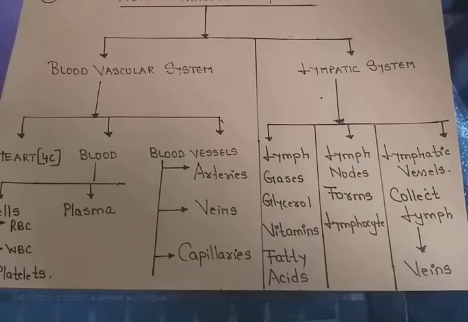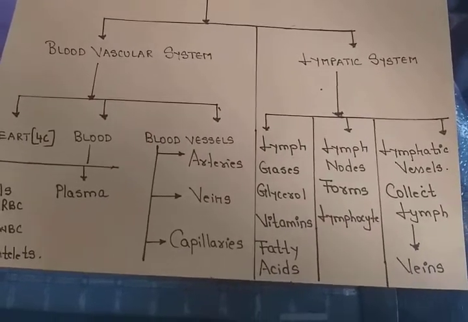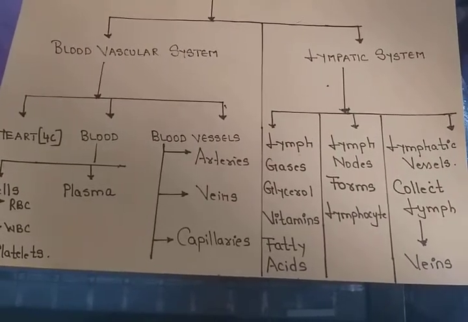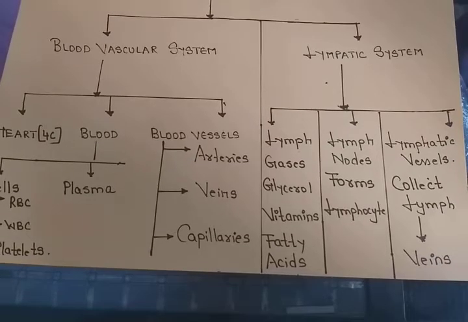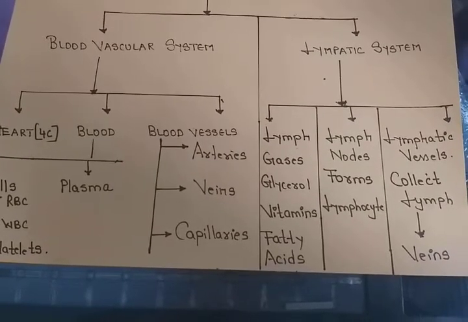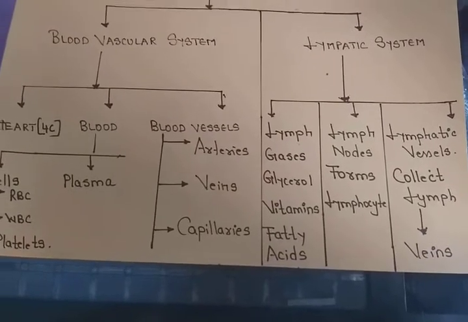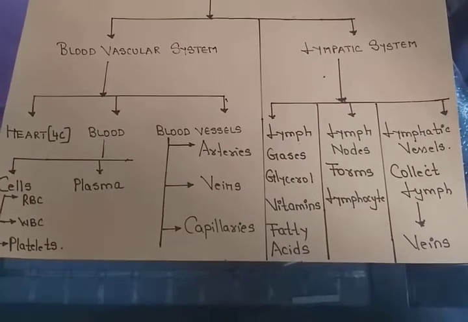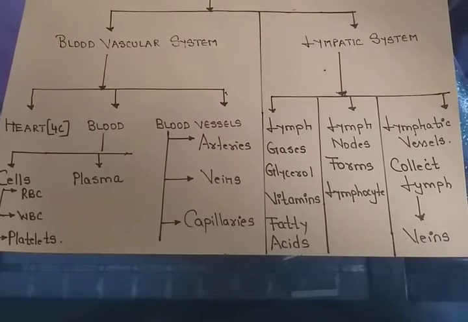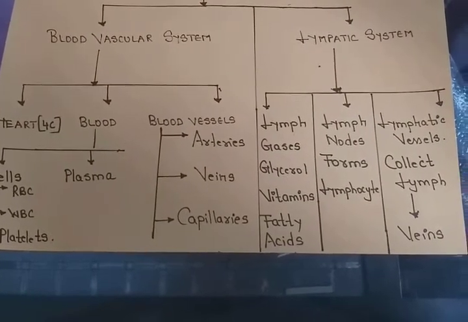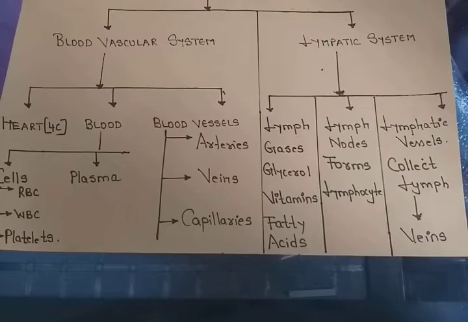Okay, we will go into detail of each of these structures. Lymphatic vessels collect the lymph, which has gases, glycerol, vitamins, fatty acids, and transport the lymph and the content of this lymph to the veins. So via veins, it can reach the body parts.